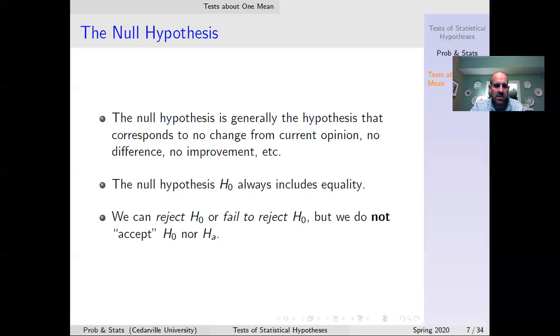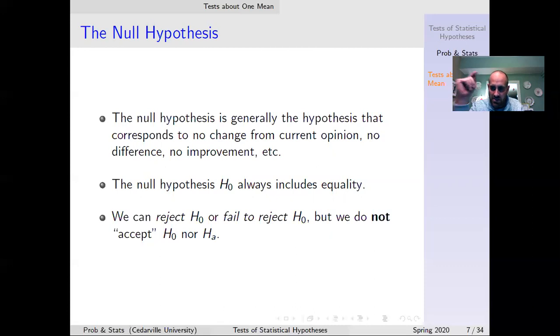It always includes equality. And depending on the statistics text you look at, sometimes it will involve greater than or equal to, or less than or equal to, but there's always an equals on the null side of things. The way that I'm going to develop it here, the null is always going to literally have an equal sign in it, okay?